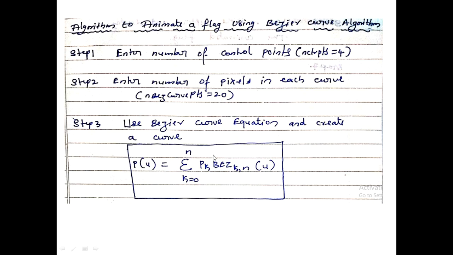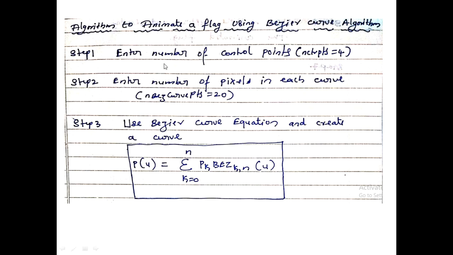So we are using the Bezier curve equation to create one curve. After creating one curve using the Bezier curve equation, if you give motion to that curve, the flat surface, the horizontal line, is converted into a curved line or curved surface, right? So this is the equation we are using.